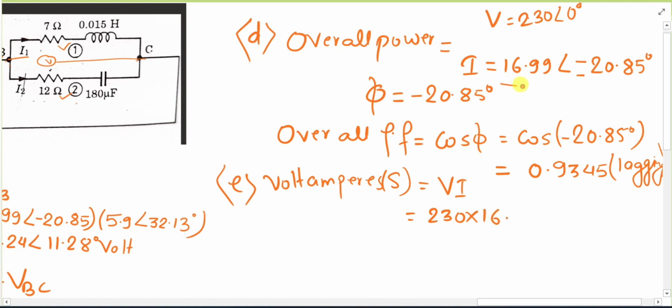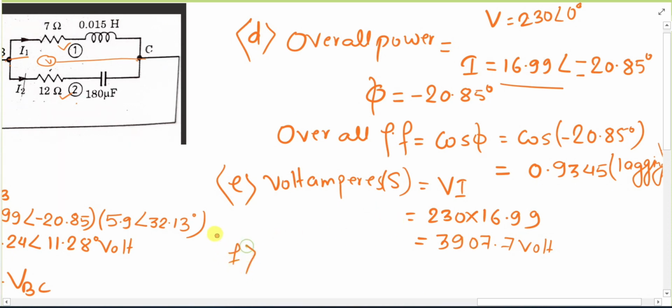So we are writing 6.99, and you will get the result. So this one is your volt ampere.